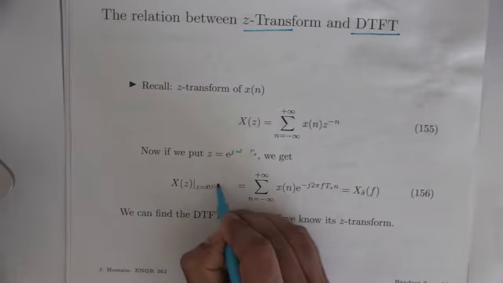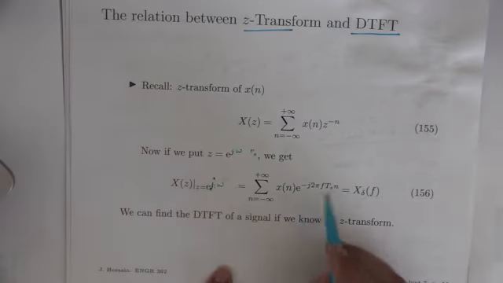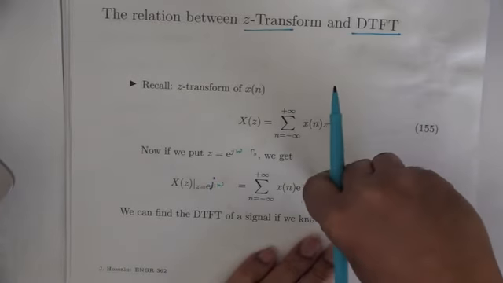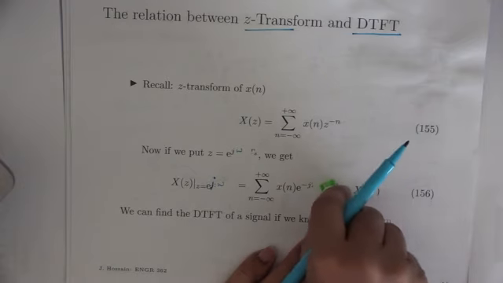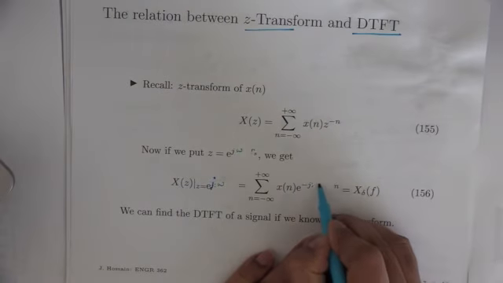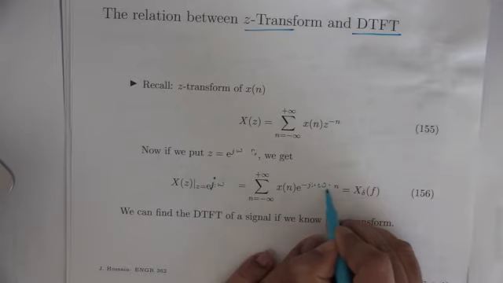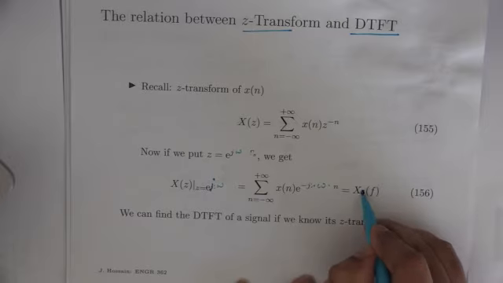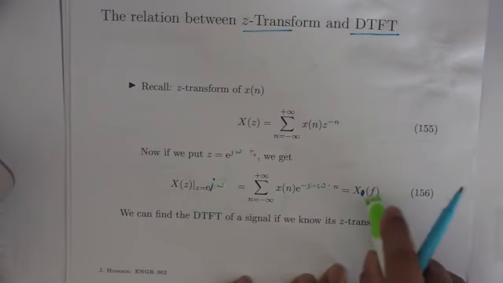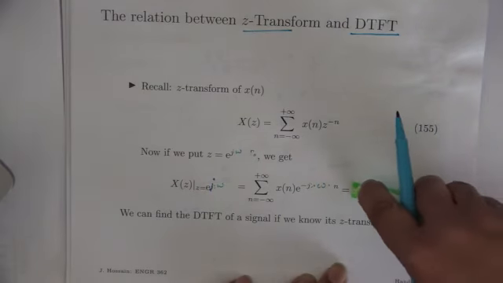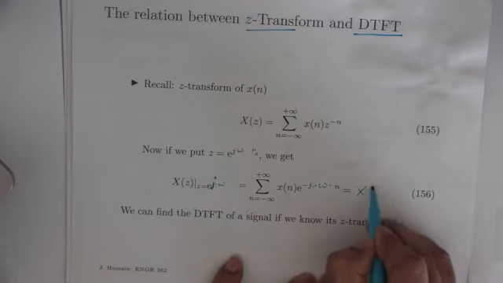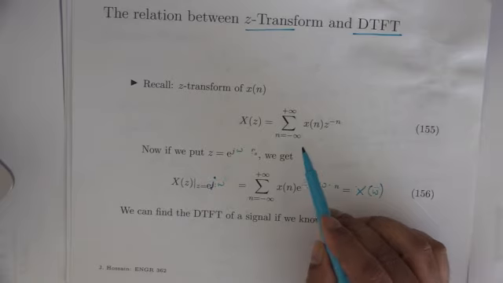If you look carefully, this is going to be e to the j omega n, e to the minus j omega n. Does it look familiar? So this is actually the discrete time Fourier transform of the signal x[n]. I have a different notation here, I'm sorry. This is familiar, right?